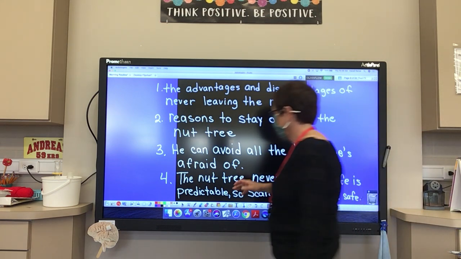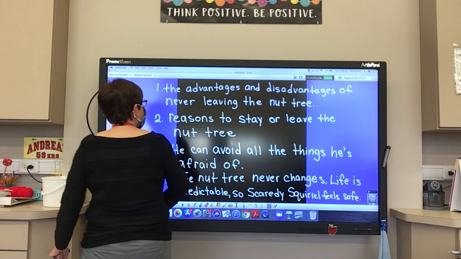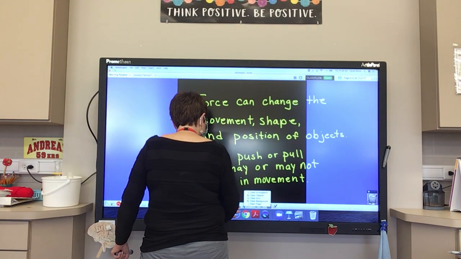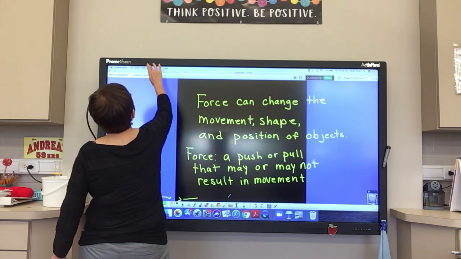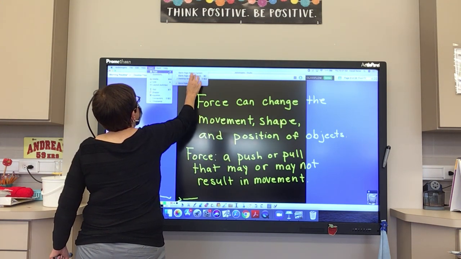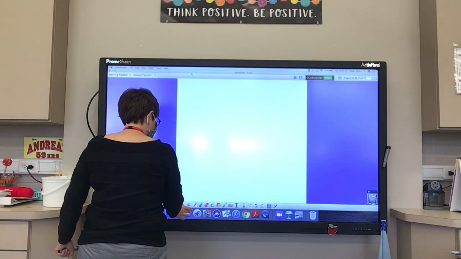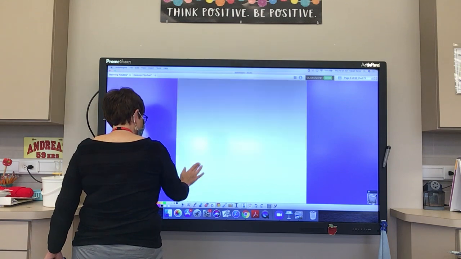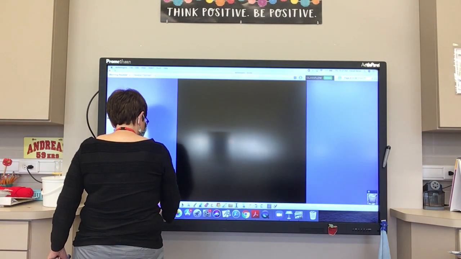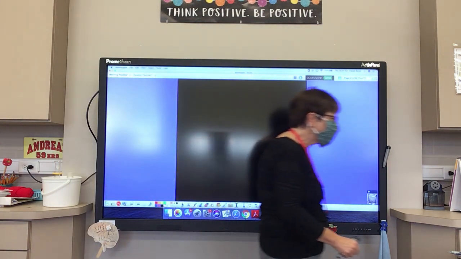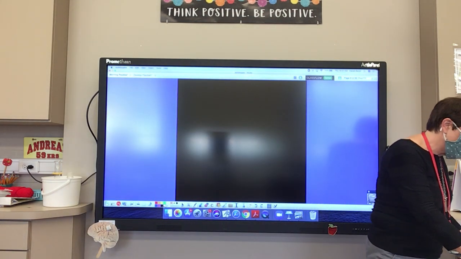Okay, let's go to the next page. Okay, so now let's look at pages 84 and 85.